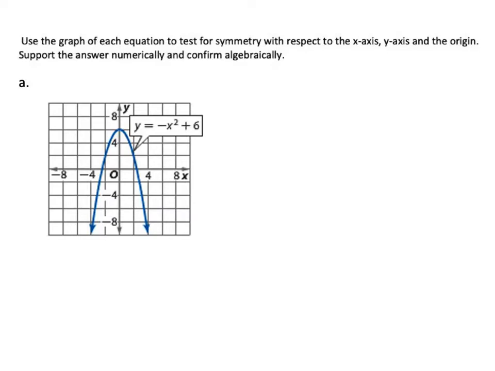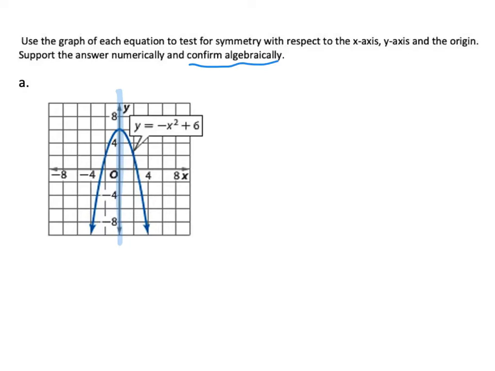The directions here say use the graph of each equation to test for symmetry with respect to the x-axis, y-axis, and the origin. Support the answer numerically and confirm algebraically. We're going to focus just on confirming algebraically here. When I look at this, I see symmetry with respect to the y-axis. If I fold it along here, one half falls directly on the other half.